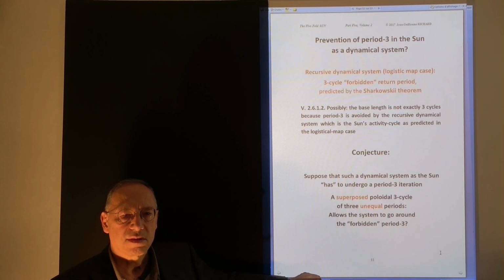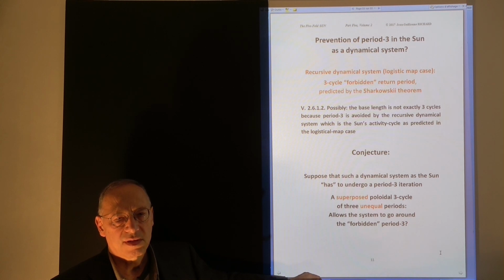Is the presence of this set of 3 unequal cycles a way for the Sun to prevent the presence of a period 3 iteration in this sphere as a dynamical system?